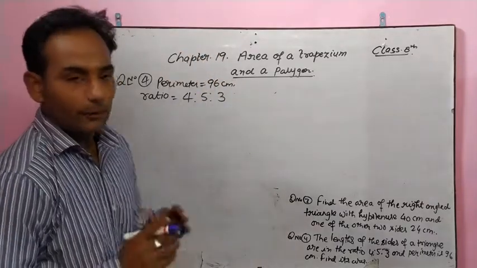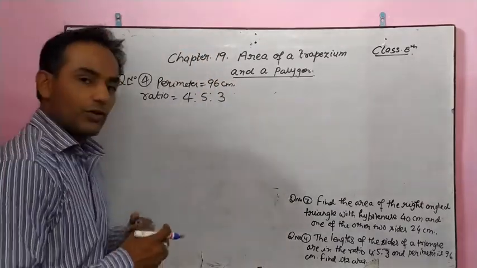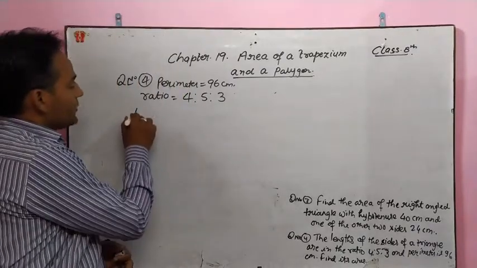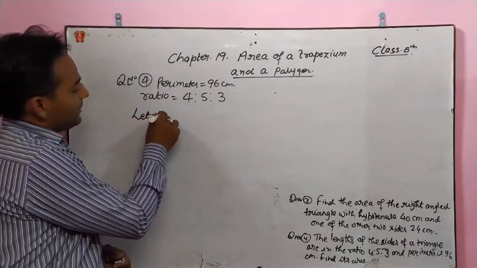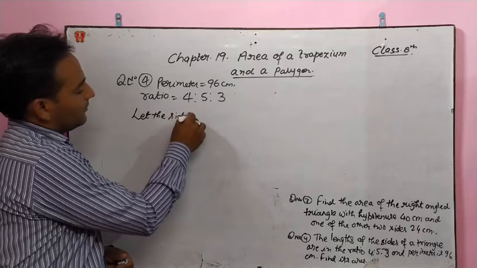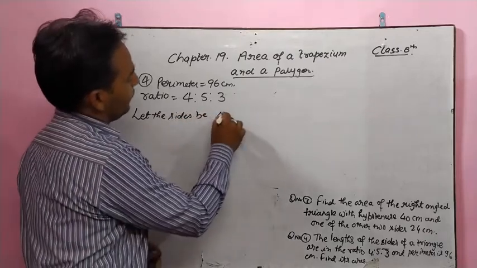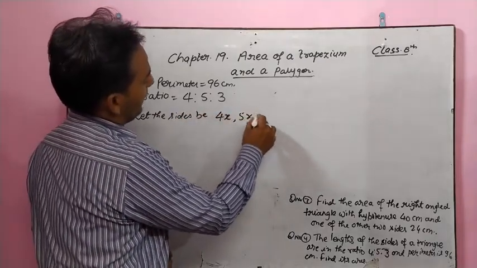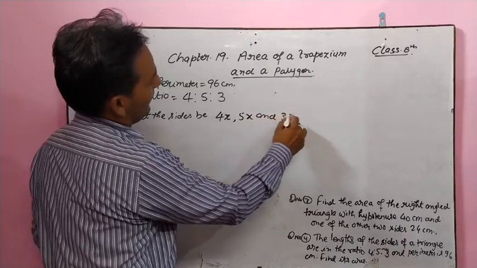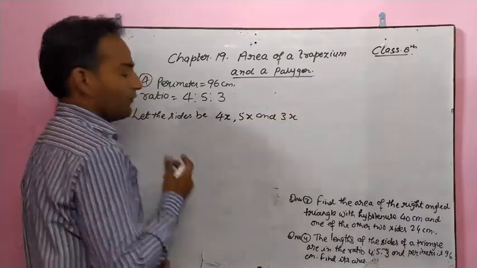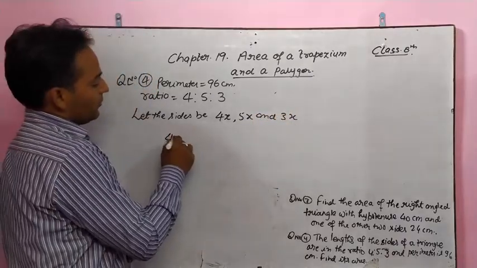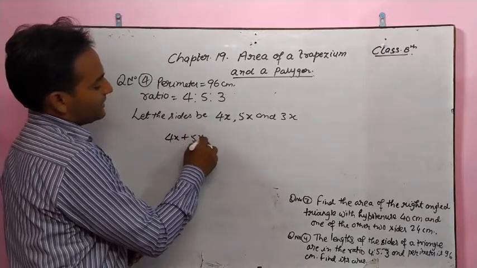Now perimeter is given and ratio of sides are given. So first of all you will write, let the sides be 4x, 5x and 3x respectively.